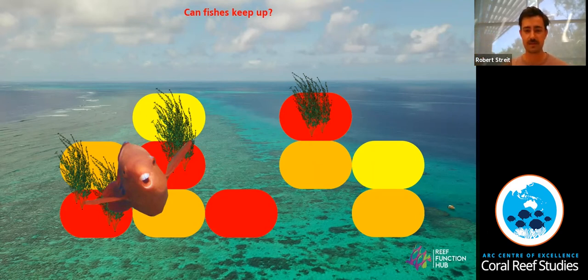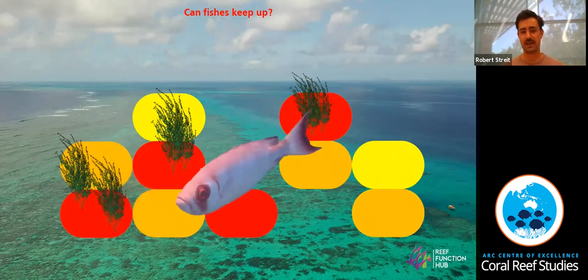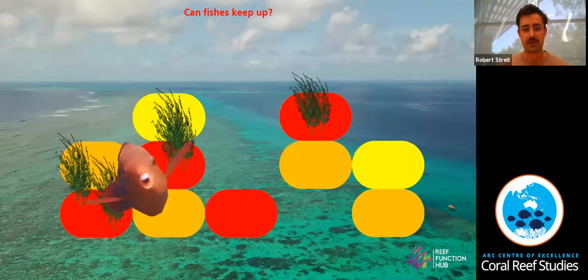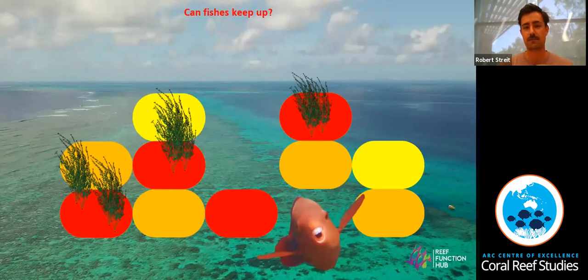So we have to understand what happens to the fish that live there. Would these fish just disappear and we end up with a really sad fish community because the conditions are so bad? Or alternatively, we have to understand whether these fishes might be able to move and really readjust to this patchiness. So to put this in more scientific terms, what we really should look at is heterogeneity or patchiness of reef condition.